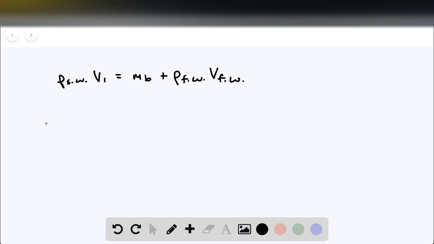And then we can rearrange this. We have this as equation for the volume of the fresh water. This is what we want to find.